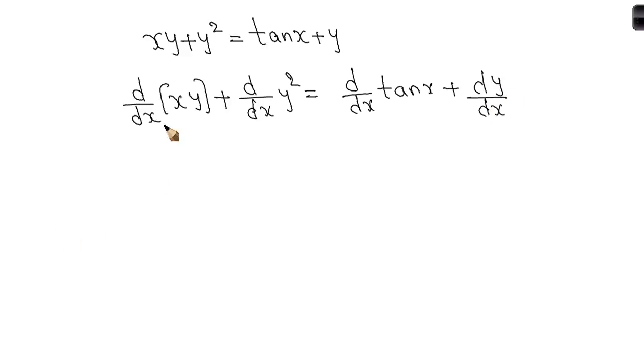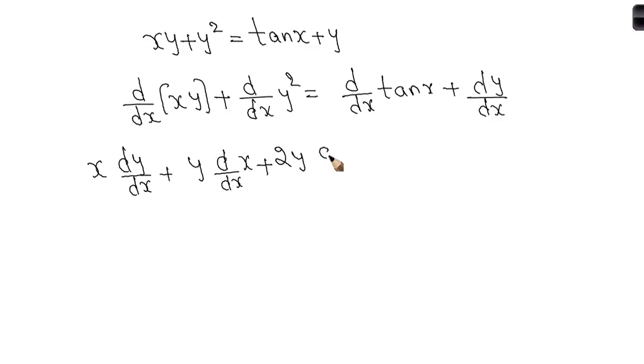dy by dx. What is the derivative of xy with respect to x? x into dy by dx plus y into derivative of x with respect to x, plus derivative of y square with respect to y is 2y into dy by dx. Derivative of tan x is secant square x plus dy by dx.